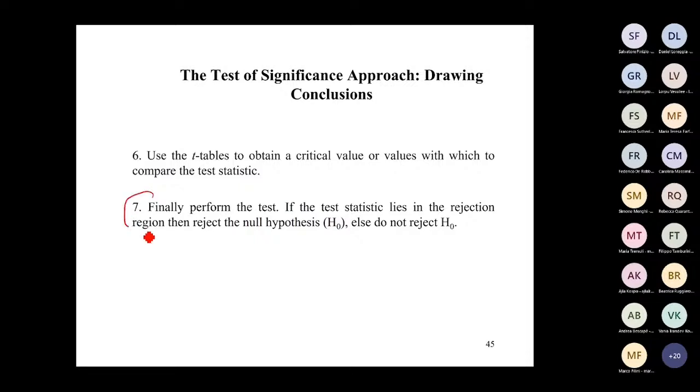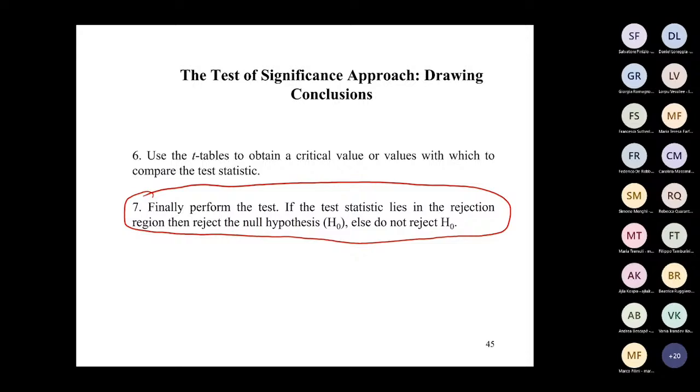And we perform the test. If the test statistic lies in the rejection region, then you reject the null, or you do not reject the null. So you can say reject the null hypothesis, or you can say you do not reject the null hypothesis.